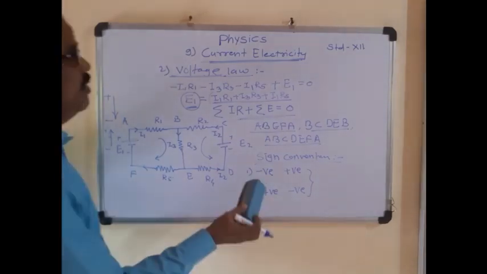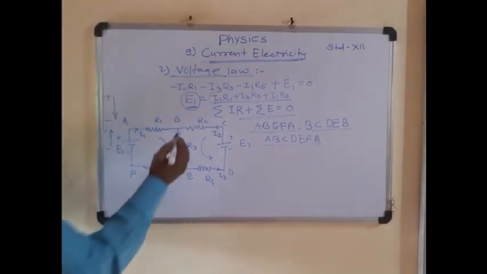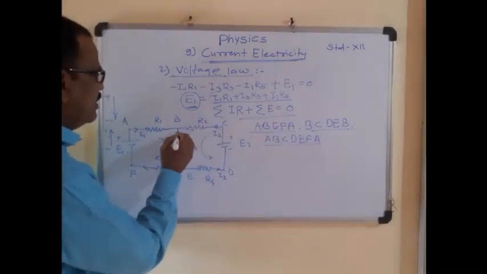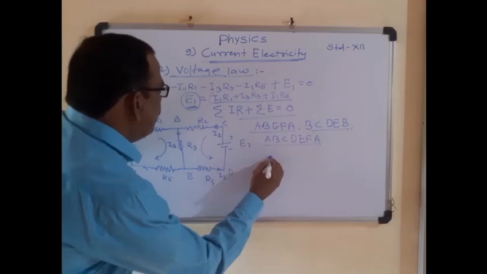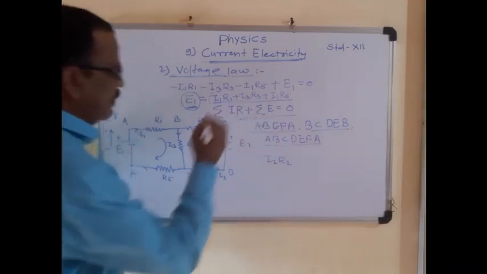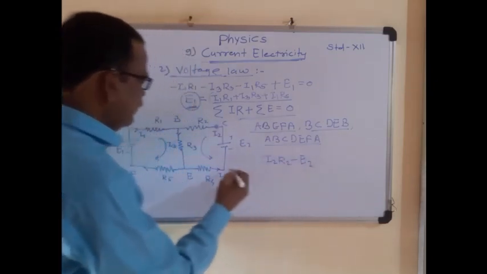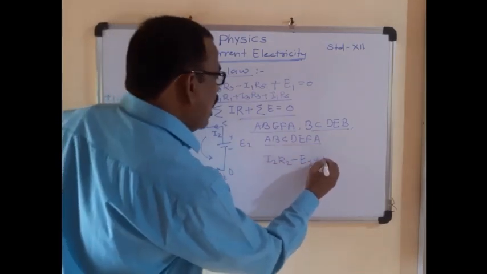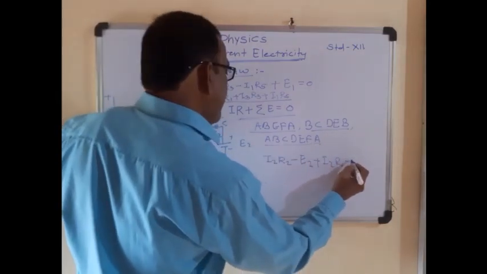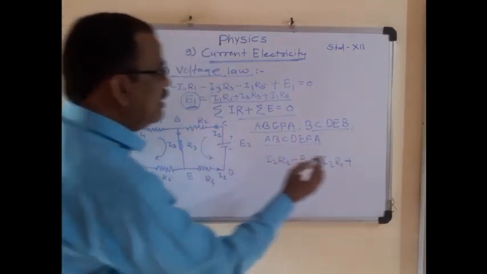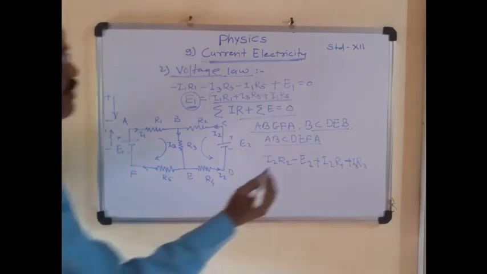Similarly, we can apply it for the loop B, C, D, E, B. Current flows in this way. In this case, we take B, C, D, E, B, then minus I2 R2, minus E2, plus I2 R4, and plus I3 R3 is equal to 0.